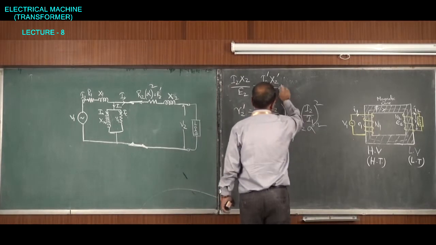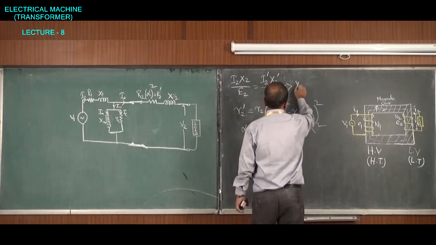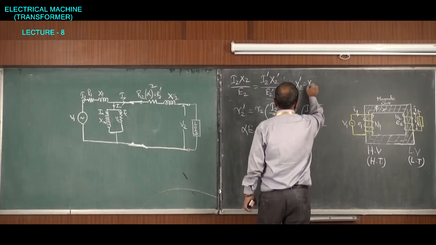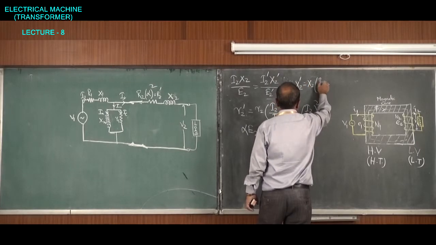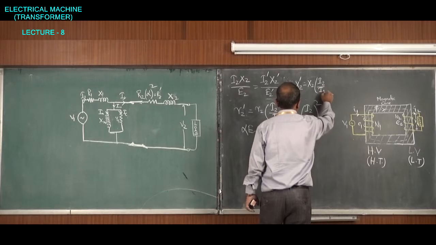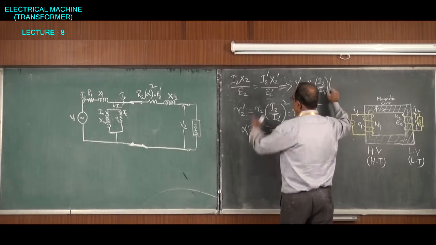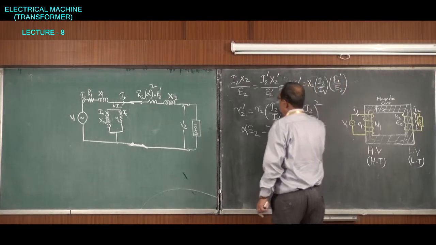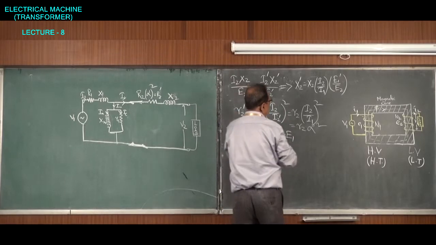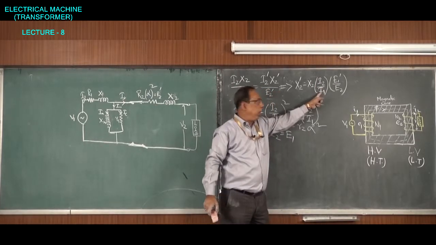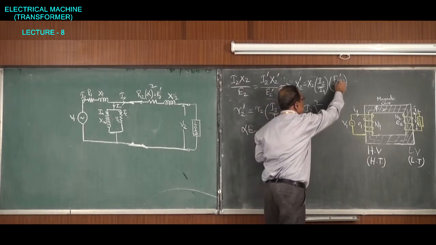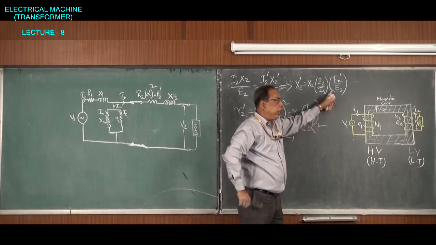So my X2 dash will be X2 into I2 by I1 into E1 by E2. So I can say very well, I2 by I1 is again alpha, and E2 dash by E2 is again alpha.